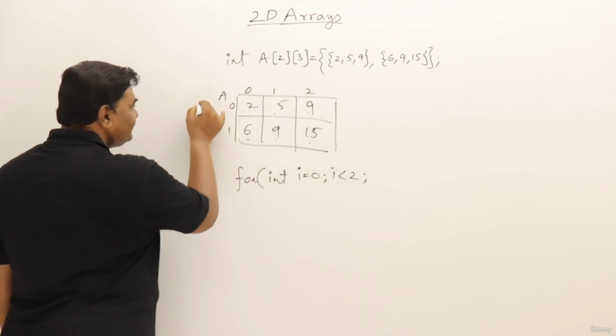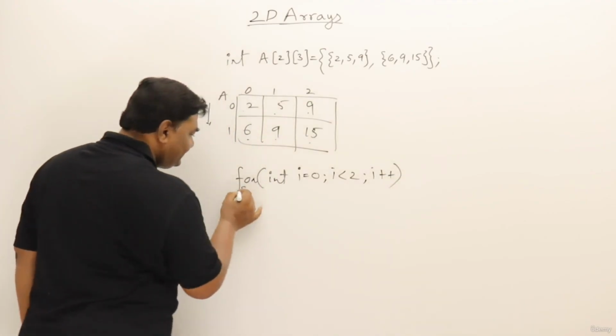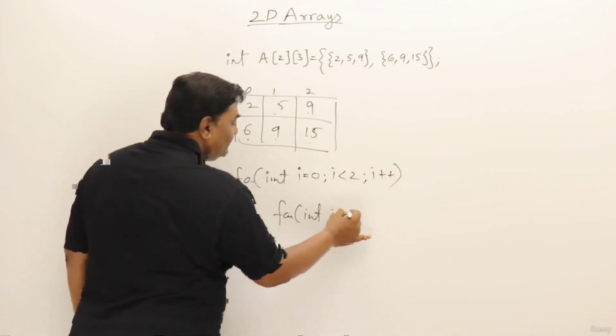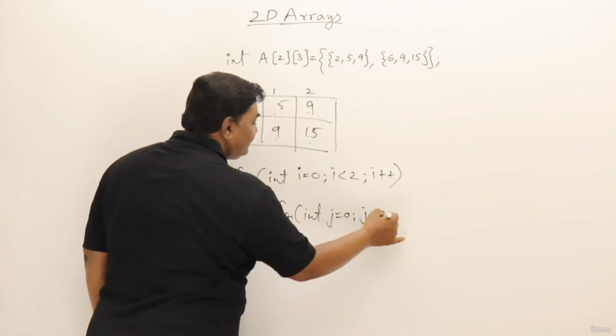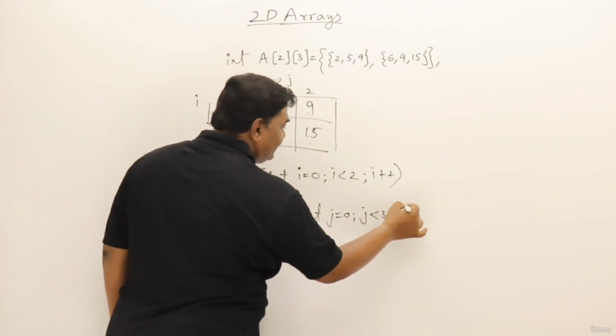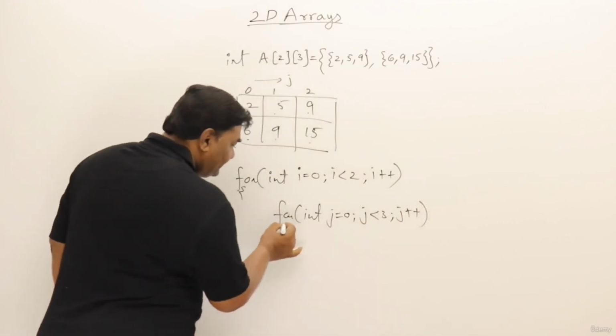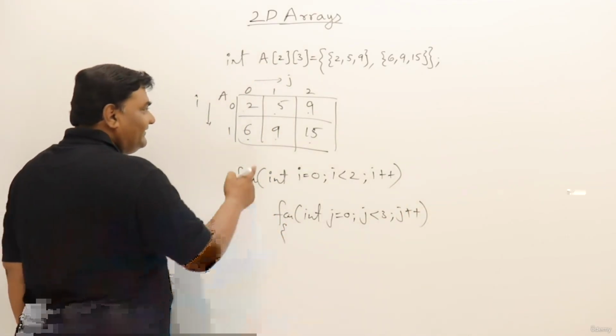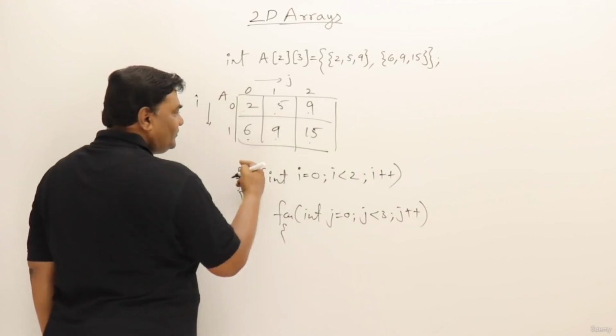This is for rows, i is for rows, and i plus plus. Then inside this I will take for int j assign 0 and j is less than 3. So j is for columns and j plus plus. So you know well how these two nested for loops will take the values. Then they will take the values 0,0, 0,1, 0,2 and so on.